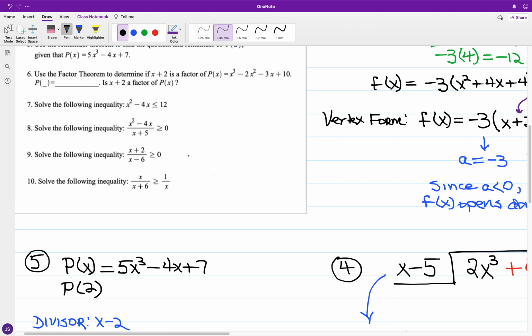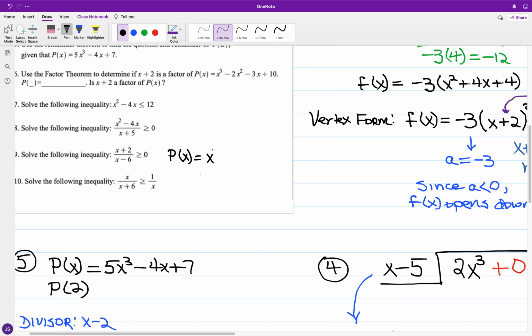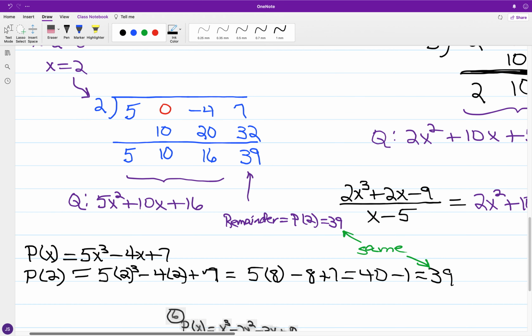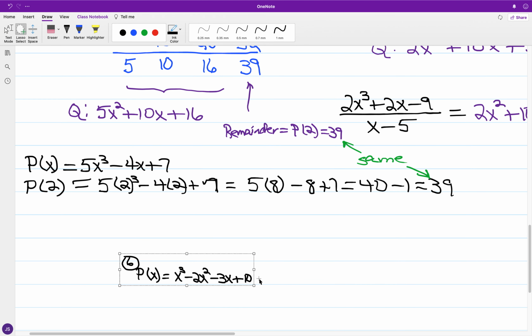So again, we have p of x is x cubed minus 2x squared minus 3x plus 10. This is going to be the dividend, and we're looking at division by x plus 2.